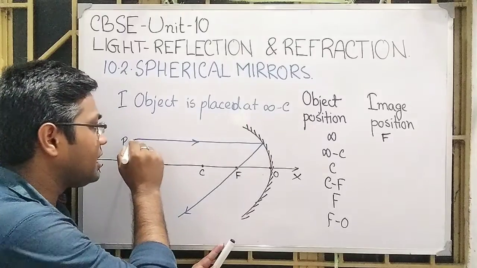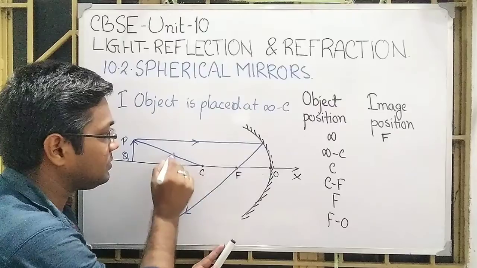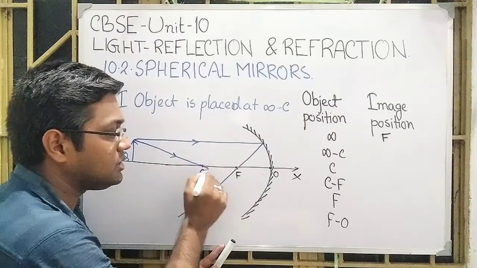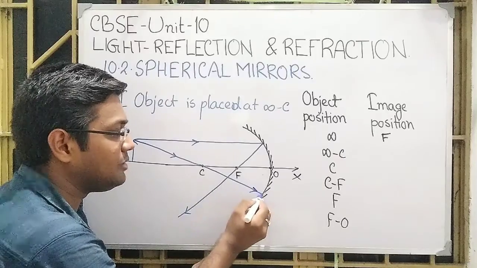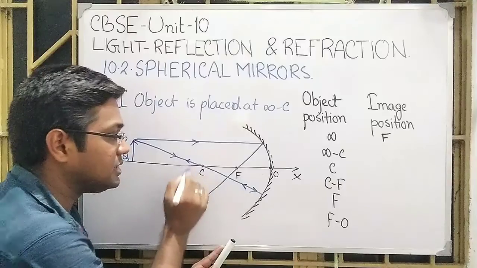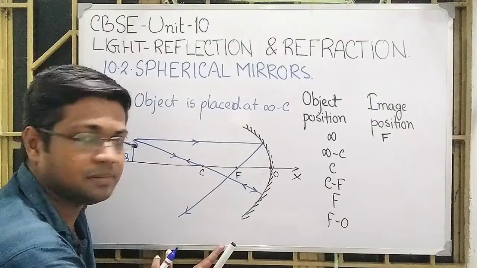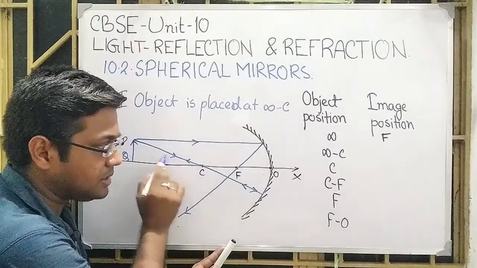Let us consider another ray coming out from the point P, passing through the center of curvature, incident on the mirror normally, and after reflection retraces its path. So this is one reflected ray, this is another reflected ray.